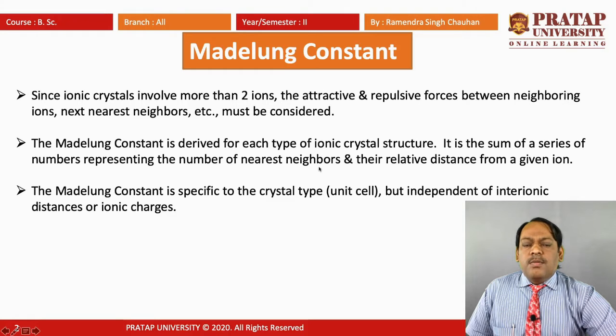So for calculating the Madelung constant, we consider the ionic crystal structure, and we add up the series of nearest neighbors and their relative distances for every given ion. The Madelung constant is specific to the crystal type, that is the unit cell, but independent of inter-ionic distances or ionic charges.